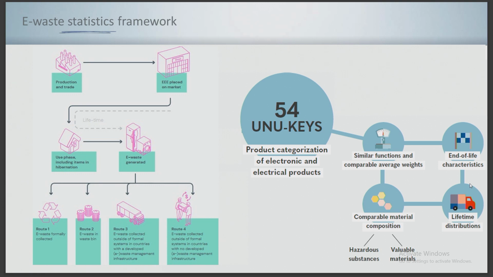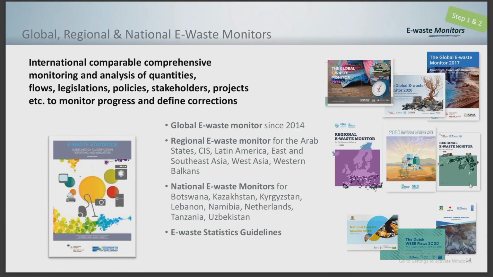And we have a system in place where we have the material composition of each of those 54 products in a detailed manner in our databases. And with that, you can do a lot of work, and you can also estimate, at a high level of detail, what kind of impact this may have for your country.